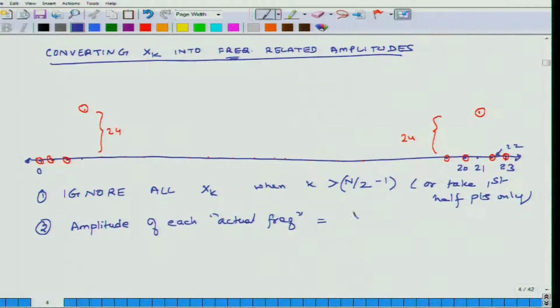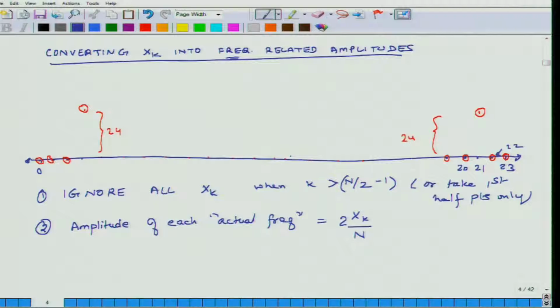equal to Xk divided by N times 2. Because you ignored the other half, you will always find that when you do this analysis, this whole figure will be symmetric.